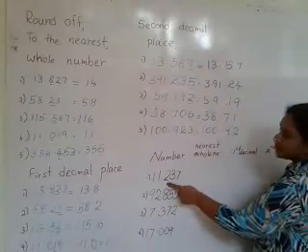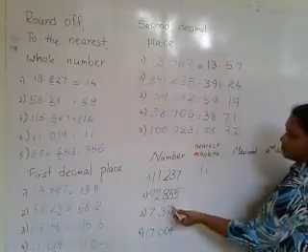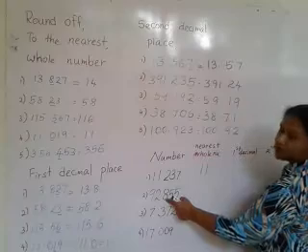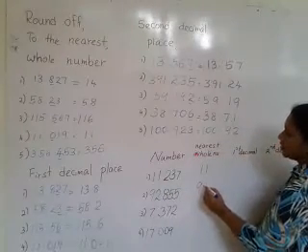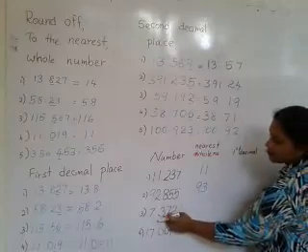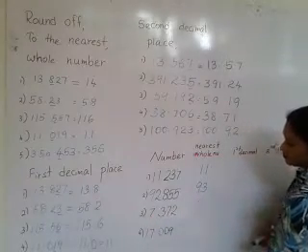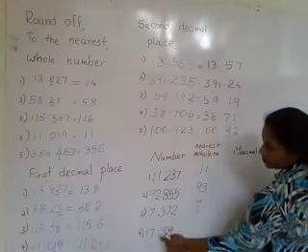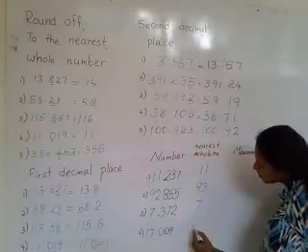It is less than 5, so no change, it becomes 11. Here 8, it will change, it is more, so it becomes 93. Less, no change, it is 7. Here 0, no change, it is 17.